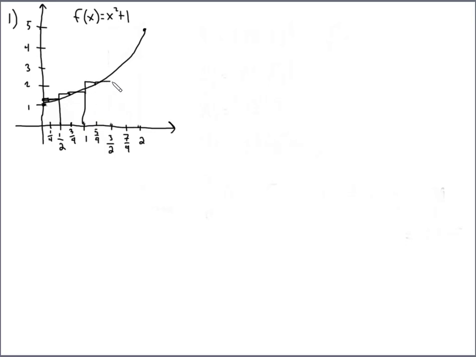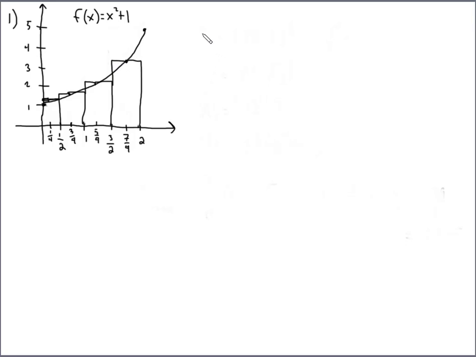My drawing is not great, but you can hopefully see kind of what's happening here. Now these ones, you can tell, are actually going to be a much better approximation, because this is a little bit of an over approximation right there, and this is a little bit under. They kind of have the effect of canceling each other out. Not exactly. You can kind of see that this area here is a little bit greater of an under approximation than we've got to fix over here for the over approximation.